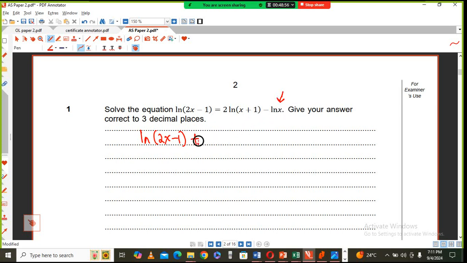Right? What I did here is move the minus ln x to the left side so that I can multiply out, so drop the natural log, so to speak. I don't know if you have done the same way.